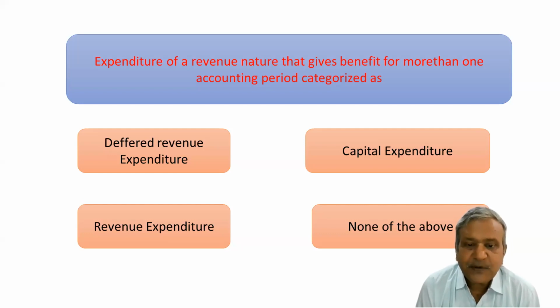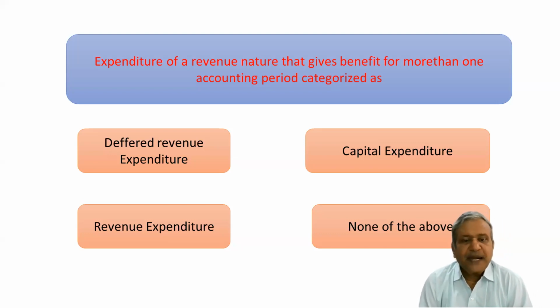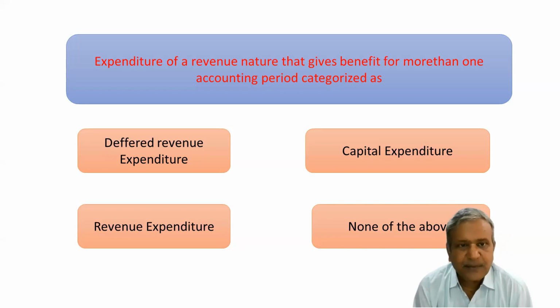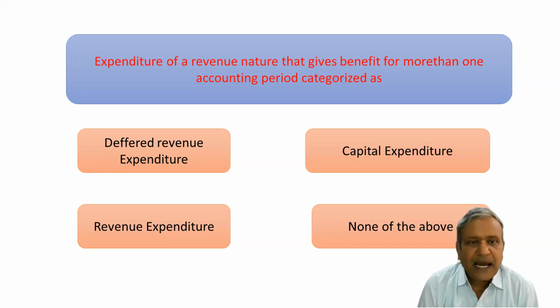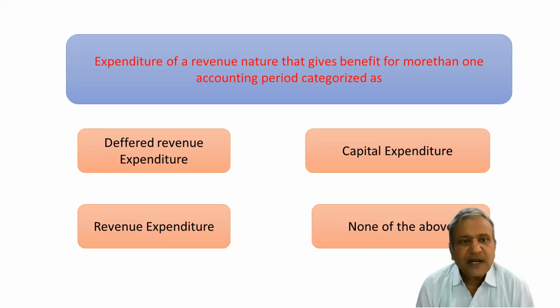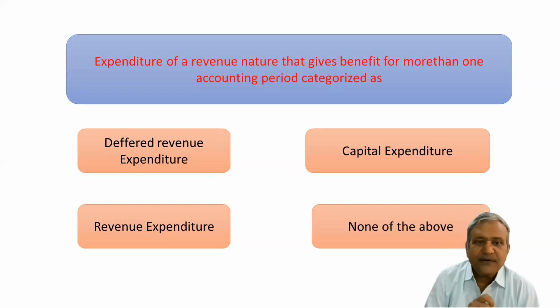What is deferred revenue expenditure? It means the expenditure is postponed. I'll give you an example. If I'm spending on advertisement, a campaign advertising a new company, and I spend 10 crores, is it for 1 year or for 5 years?